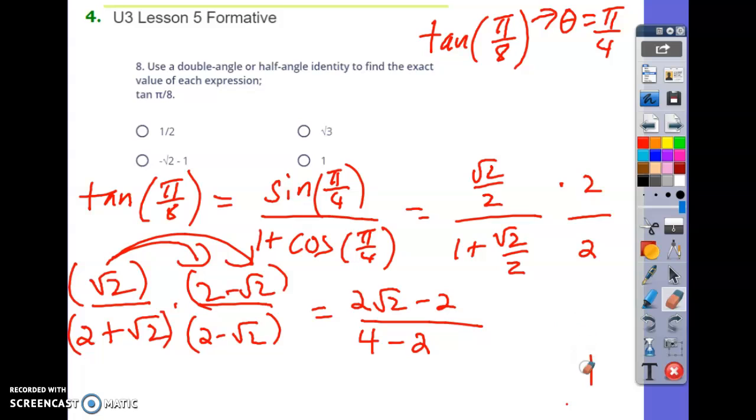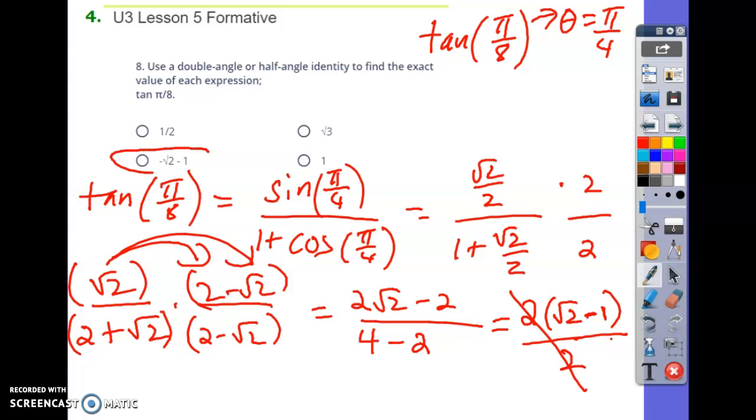So simplifying that, if I factor out 2, I get √2 minus 1 over 4 minus 2, which is 2. These 2's end up canceling. So our answer should be √2 minus 1. And that's all. Peace out.